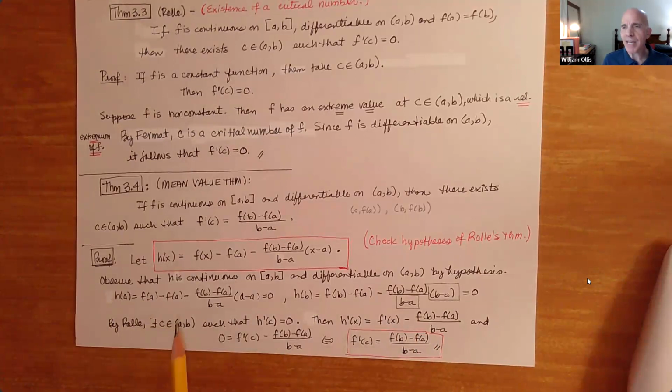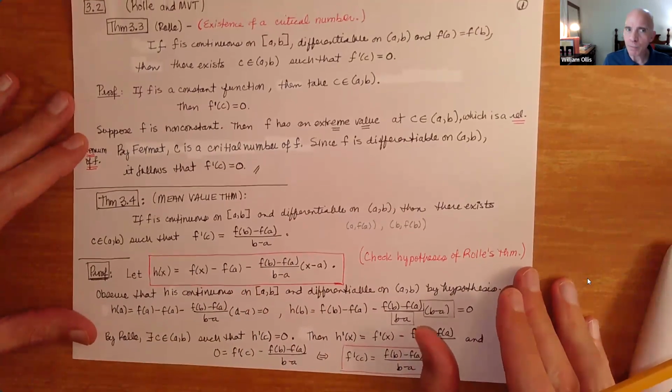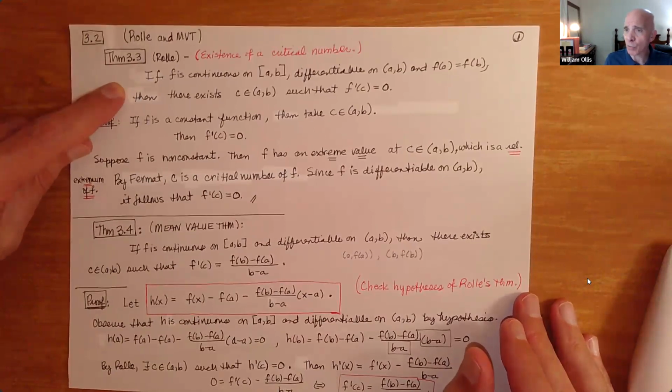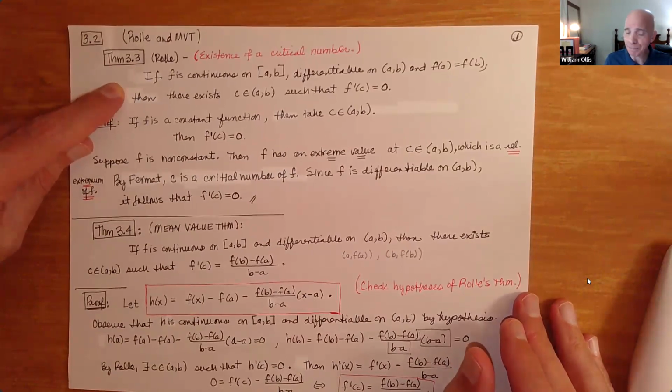It's amazing how visually obvious, or at least simply obvious, this particular result is. But we know that we can't just draw a picture and say, well, that's a proof. It certainly gives us some reason to believe that it is valid. And sometimes the geometry will often help us to construct functions that we can use in the proof. So now this section is not overly difficult, ladies and gentlemen, but it apprises us of some very fundamental results. Again, the existence of a critical number, a horizontal tangent.